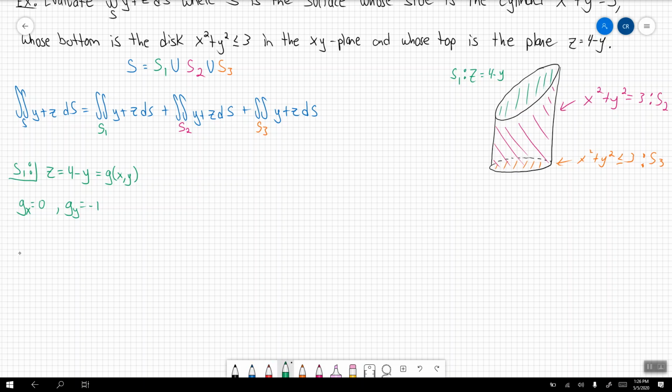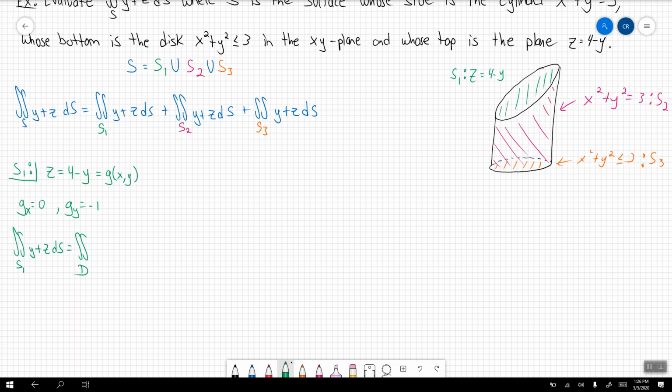I'll do this double integral in green. So the double integral over this surface 1 is going to be y plus z dS, which means we're going to evaluate this over some region that's going to be reflected onto the domain that we want.